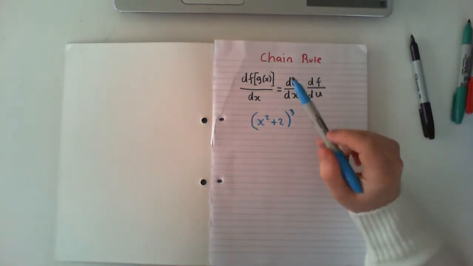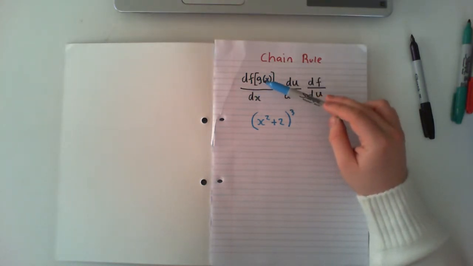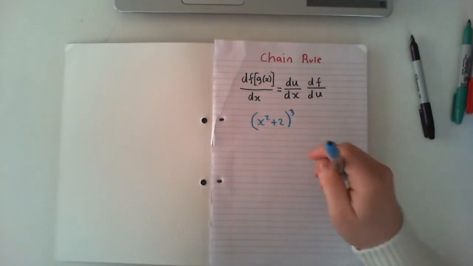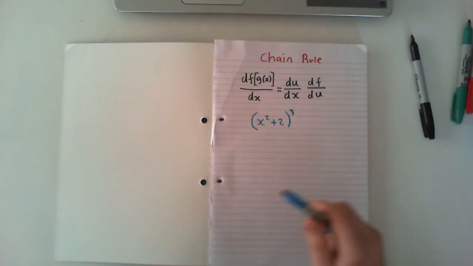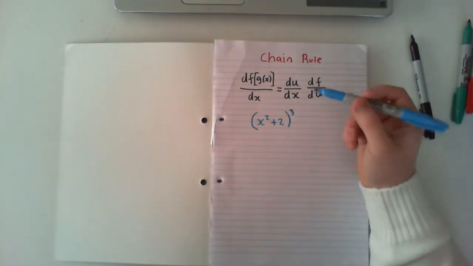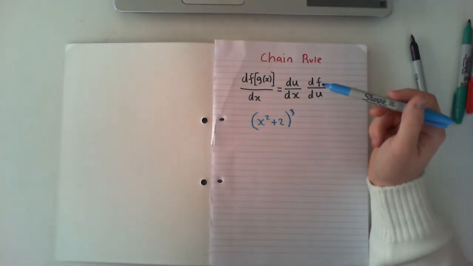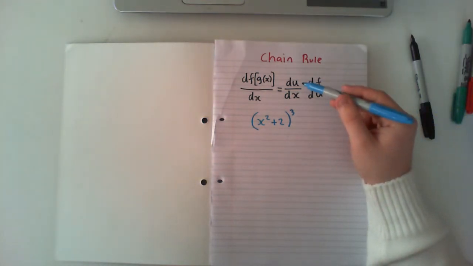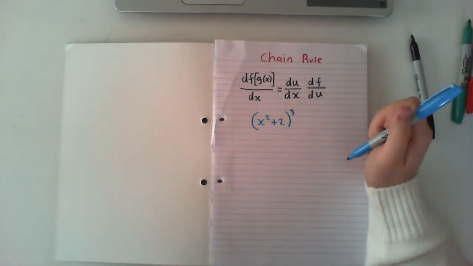So if we look here, if we have the derivative of f of g of x, where g of x, our function of x, is inside and our f is outside, and we're differentiating this with respect to x, that is equal to du by dx times df by du.